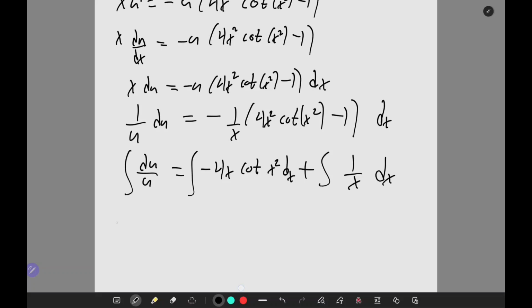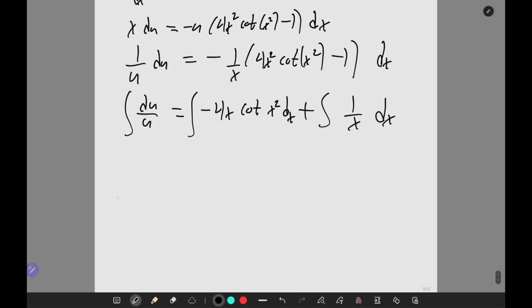So now this would become natural log of u equals negative 4... We can do u sub for this one. Okay, so let me move down. Let me make some space here.